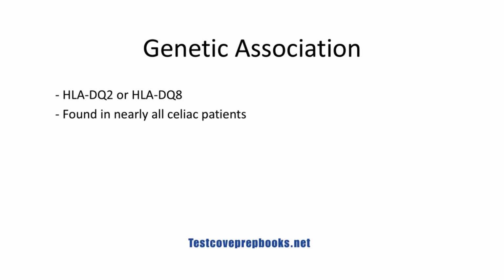Finally, genetics also play a role. Nearly all patients with celiac disease carry HLA-DQ2 or HLA-DQ8 alleles. These genetic markers are not diagnostic by themselves, but their presence strongly supports the diagnosis when combined with antibody testing.